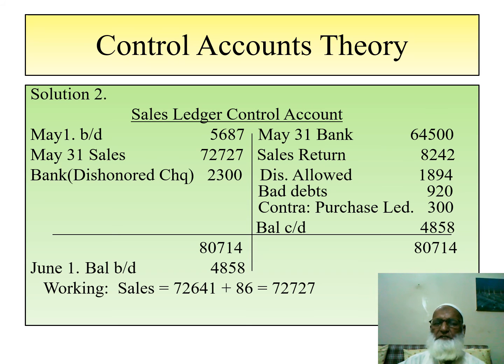So the remaining or ending balance for trade receivable is 4858. Sales return 8240, discount allowed 800, bad debts 920, and contra entry for purchase ledger is 300. It's given. And now we go to the next slide.